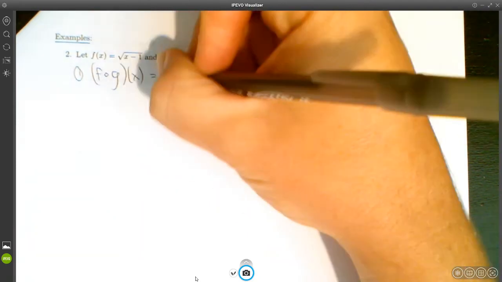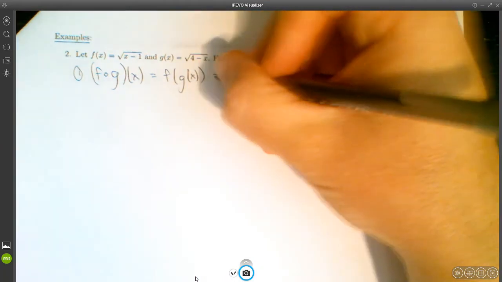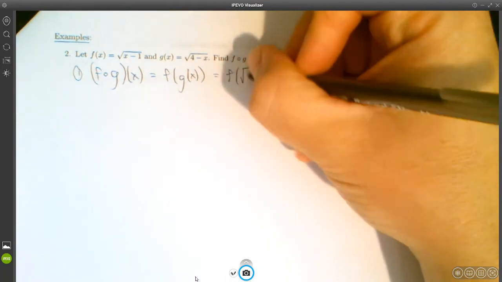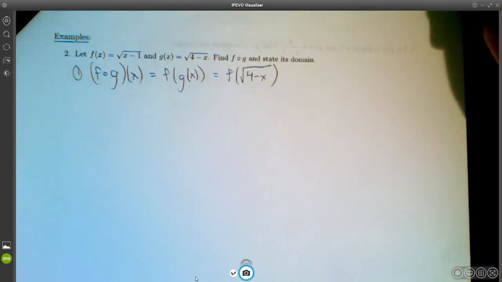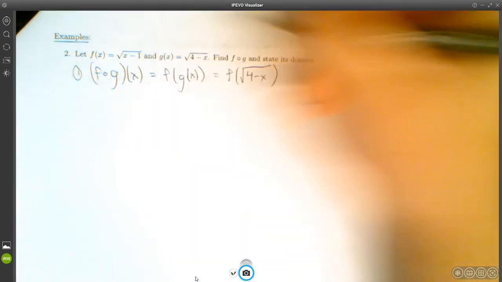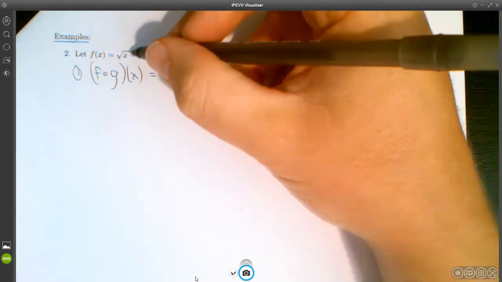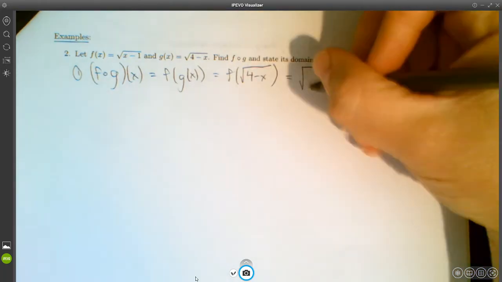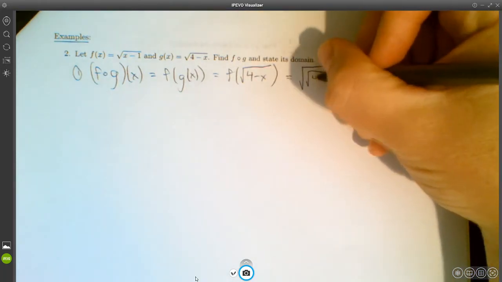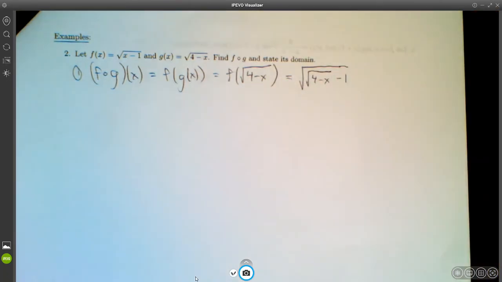That's f of g of x, which is f of square root of 4 minus x. Now f is the square root of x minus 1, so everywhere I see an x, I'm going to replace it with square root 4 minus x. So this is going to be the square root of square root 4 minus x, minus 1.